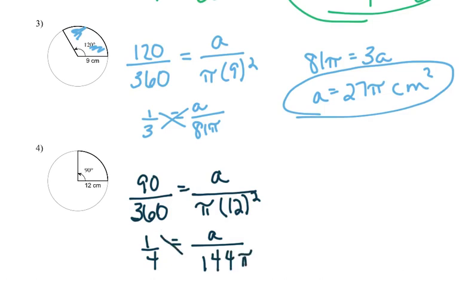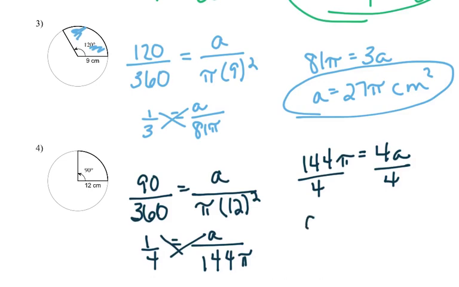When we cross multiply, we get 144 pi is equal to 4 times a. When we divide that by 4, we get 36 pi, and we are in square centimeters.